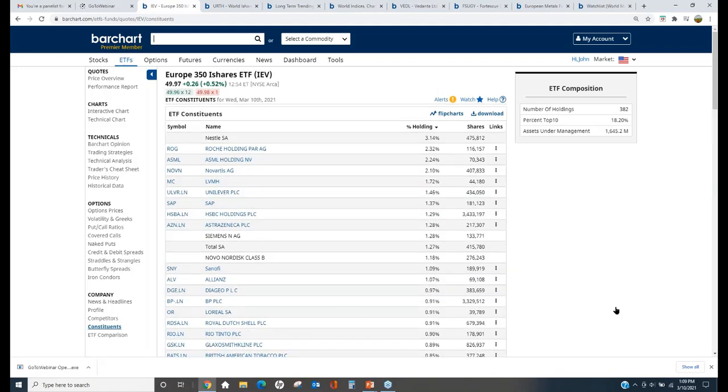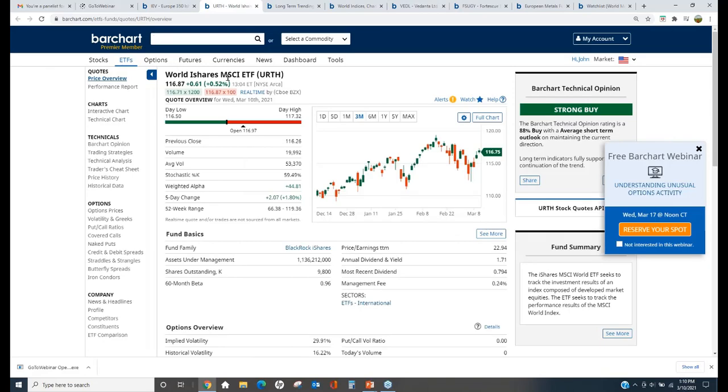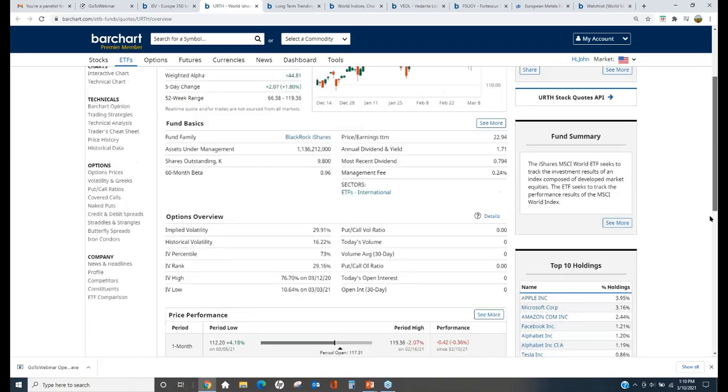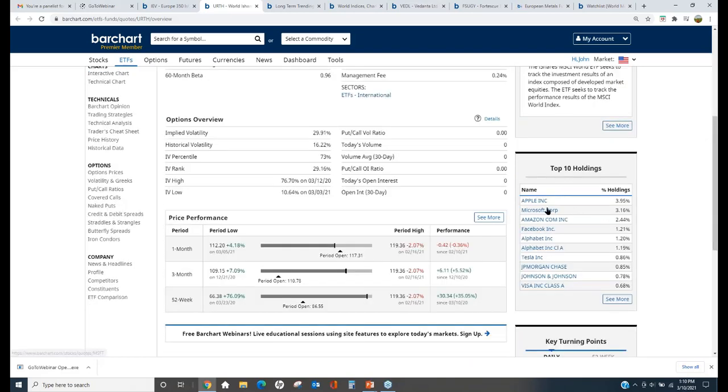And here you can see this one is the Euro 350. You can see right from the top that all these companies are European companies. That's important for us to understand, because otherwise I might not find what I want. For instance, if I go back to my world shares ETF and look at its holdings, you can see its top 10 holdings are Apple, Microsoft, Amazon, Facebook.